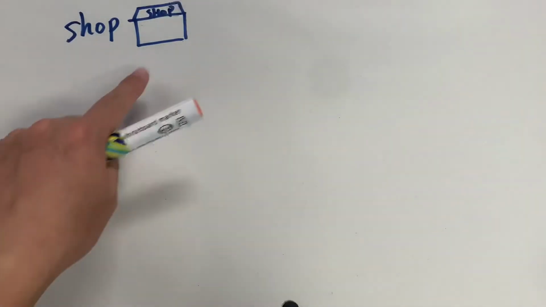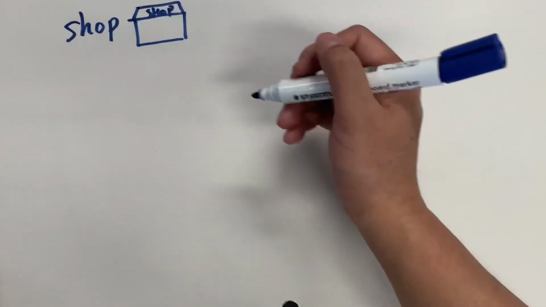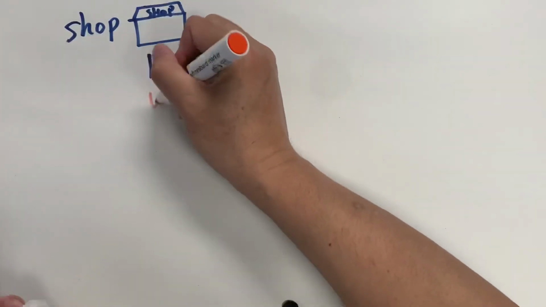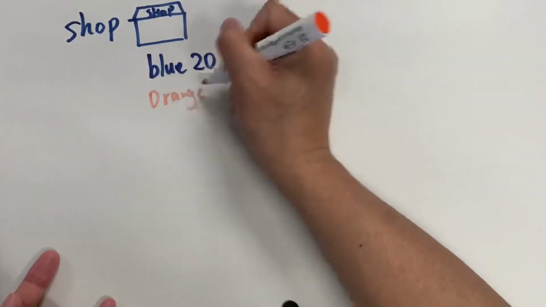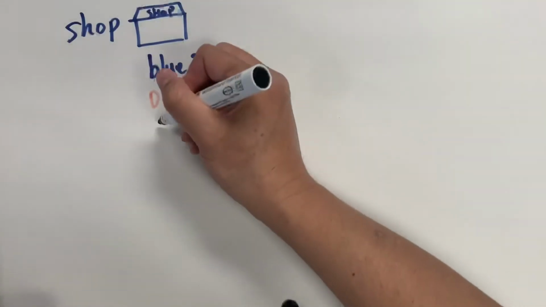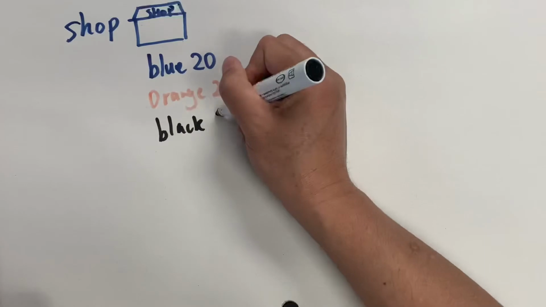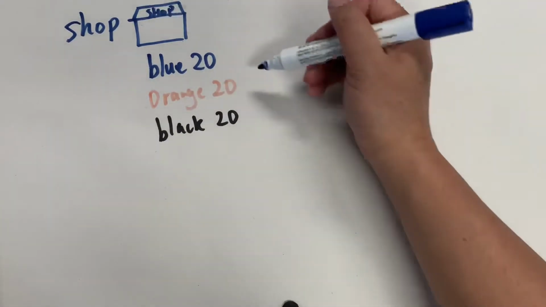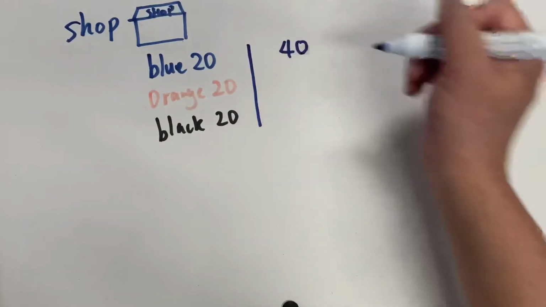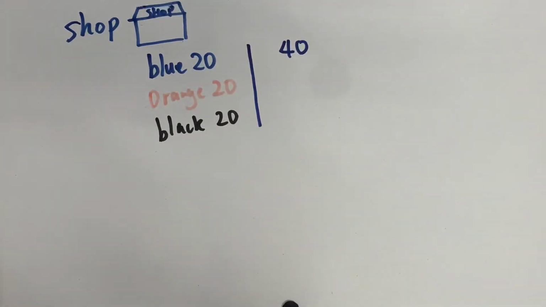In the shop front, I have 20 blue pens and 20 orange pens, and of course 20 black pens. Now, you know that shops have storage, but in my storage I have 40 blue pens hiding behind the door.